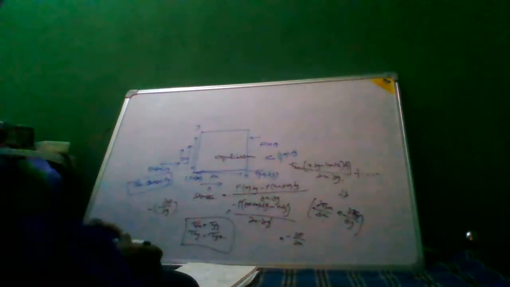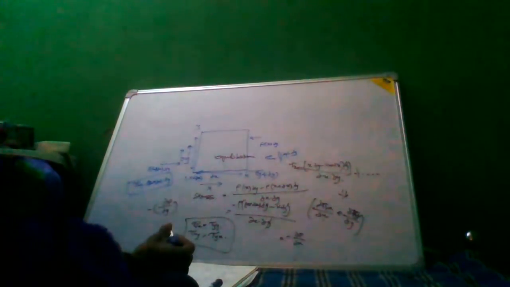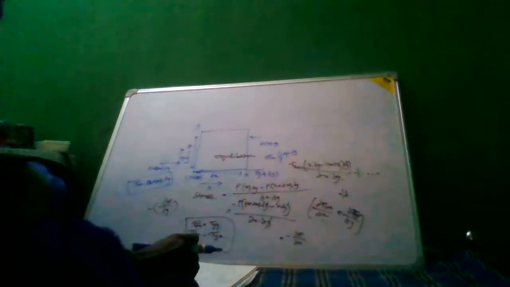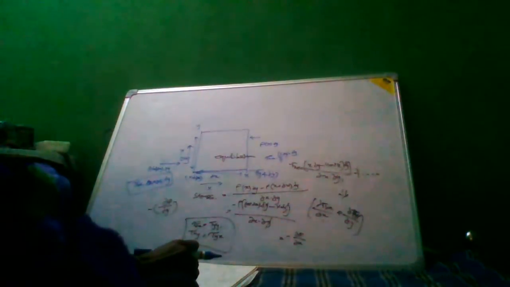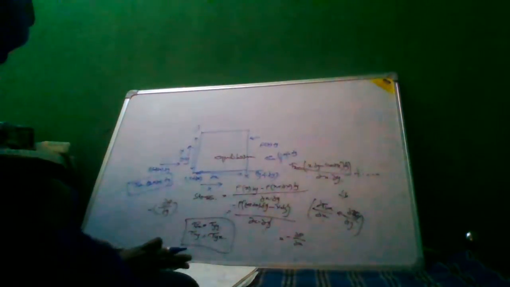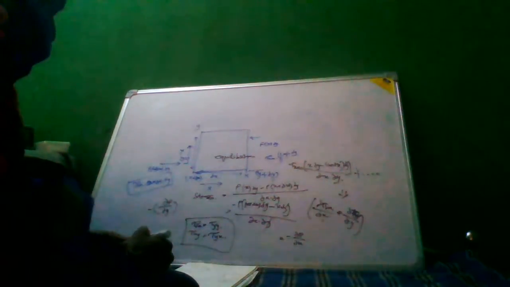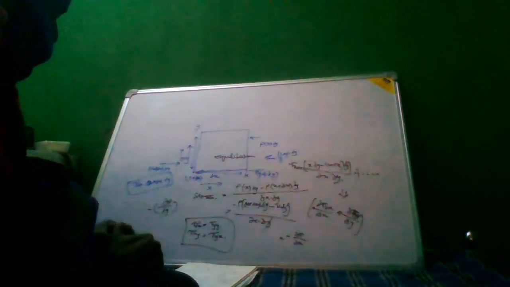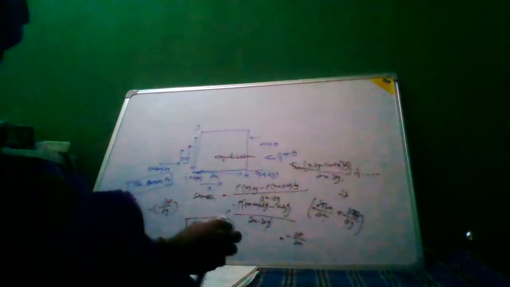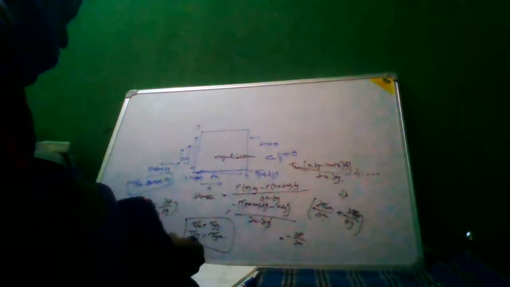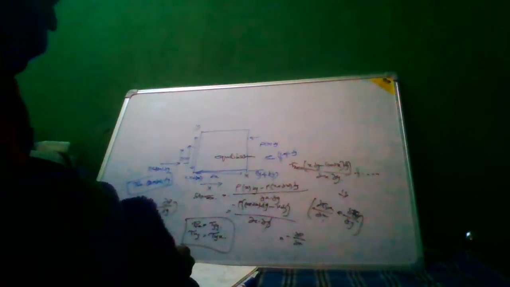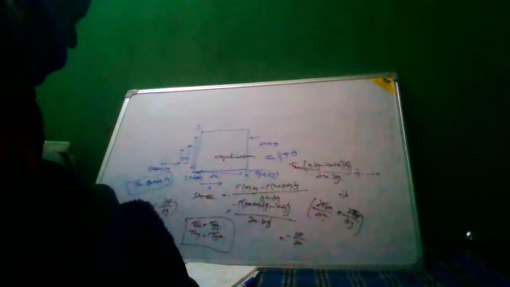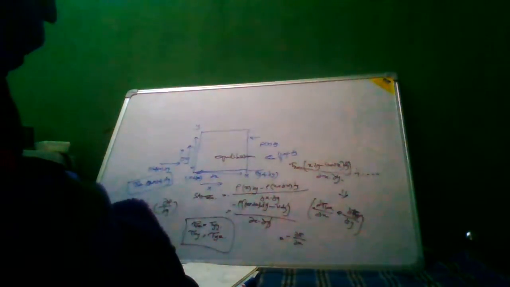That is also coming from the Taylor series expansion. Similarly, the force acting along the y direction, or the viscous shear stress, will be del tau yy by del y plus del tau xy by del x.